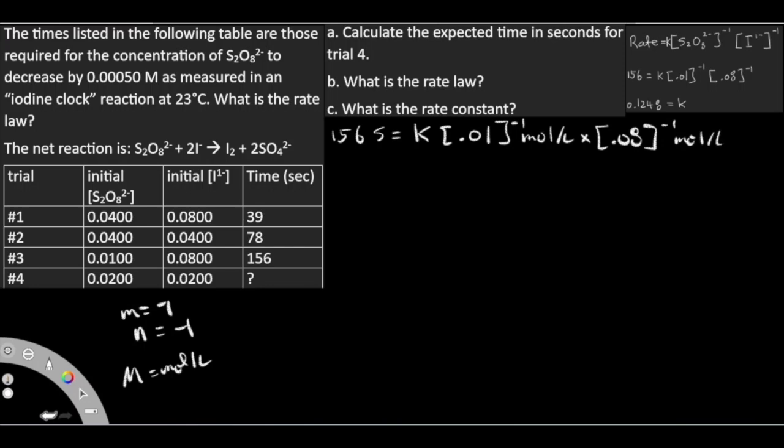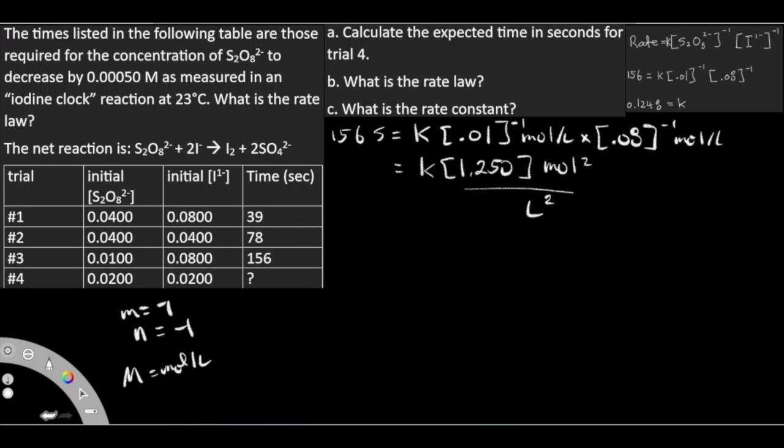Okay, so if we put them together, you ended up just getting 0.01 times 0.08. That was 1,250. Okay, remember you have to put the exponents included in that calculation as well. So we got moles per liter, but remember we had two of these, so their exponents add up.